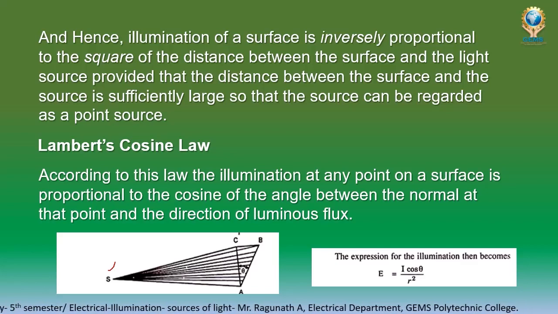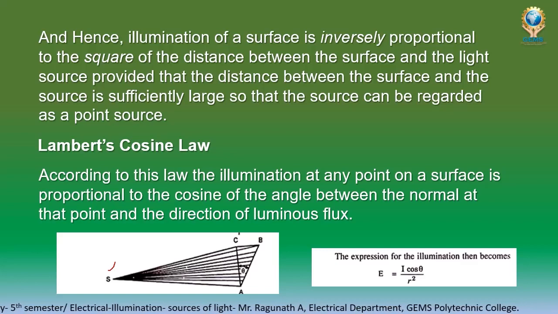How will theta be created? We draw one normal, a 90-degree line. This is the surface, and the angle at which the light ray is falling on the surface, if you draw the normal, you will get the angle theta.